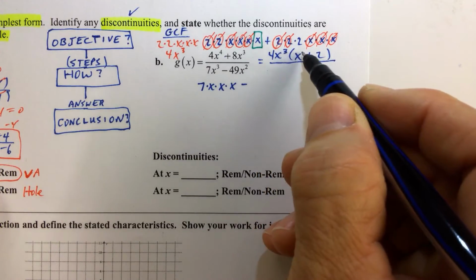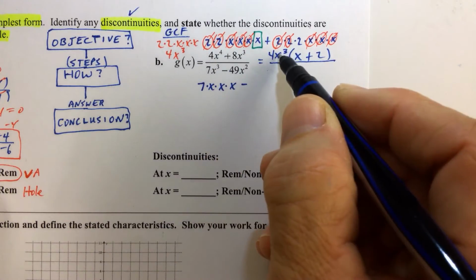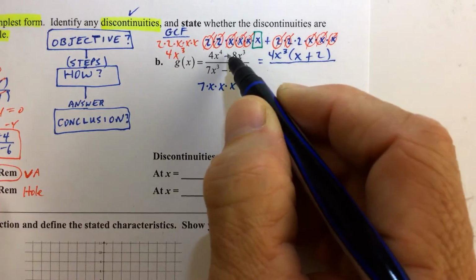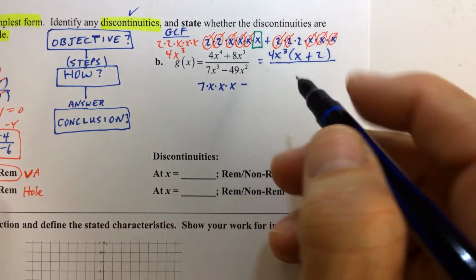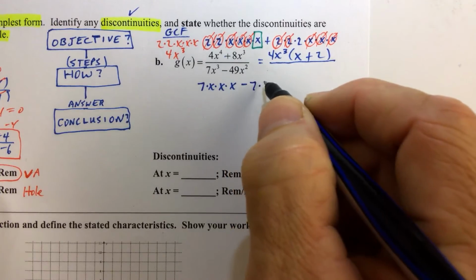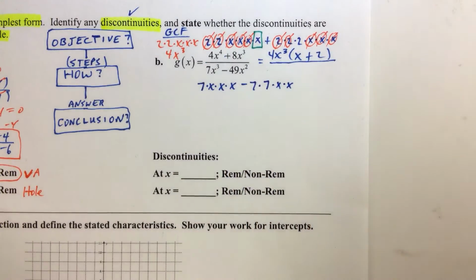Factoring out 4x cubed, multiply 4x cubed times x, you get 4x to the fourth. Multiply 4x cubed times positive 2, you get positive 8x cubed. That's why that's the factored form.